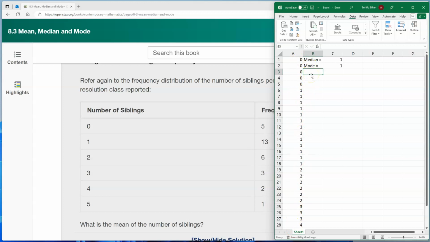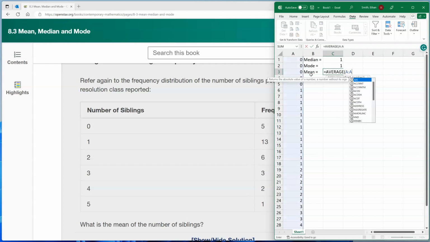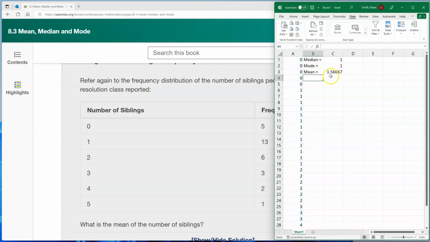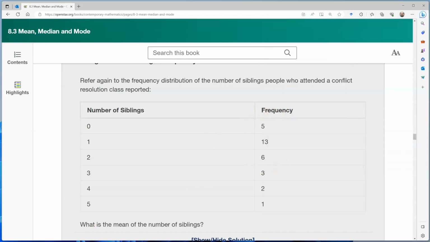If I do mean equals and do equals average, I know that's a little confusing, but that's just how Excel has defined mean, is average, and press enter, then notice this time we get 1.56 repeated. If we had more decimal places here, the 6 would go on forever. How on earth did we get this?